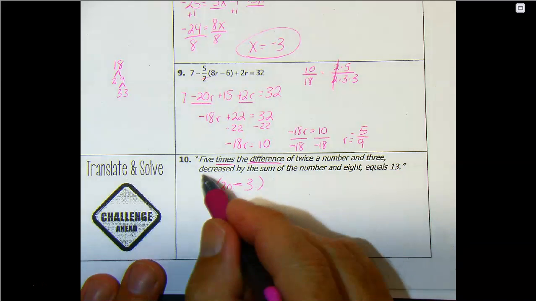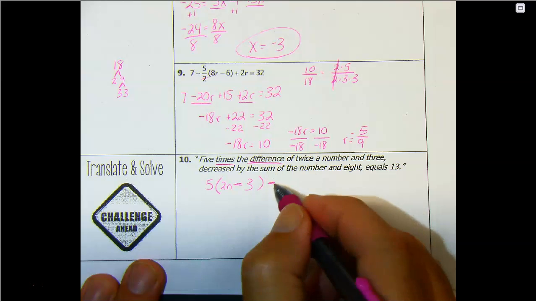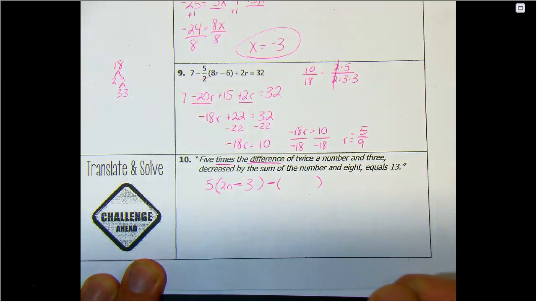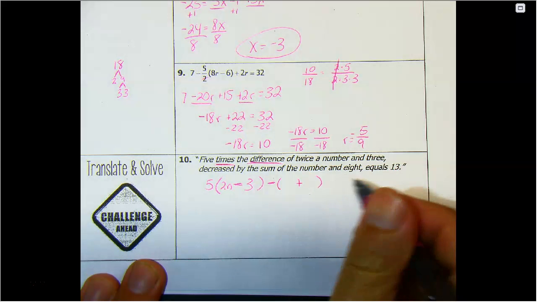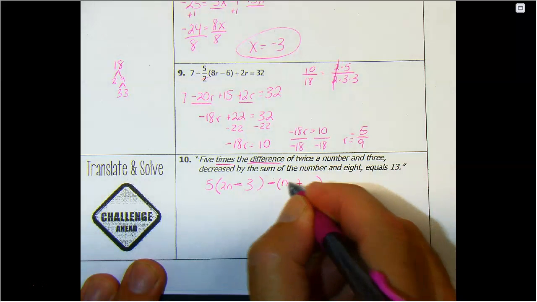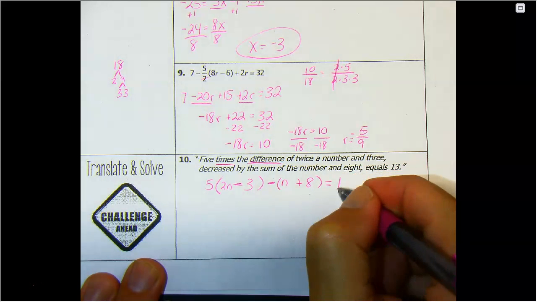This is decreased by the sum. So again, since it's an operation, it's parentheses, it's going to be a sum of the number and 8. All of this equals 13.